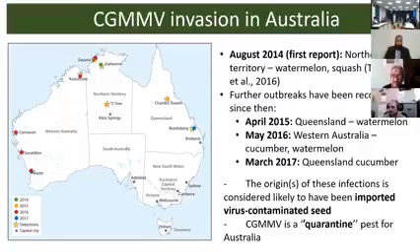And very soon, further outbreaks were recorded: April 2015 in Queensland, May 2016 in Western Australia, and May 2017 in Queensland, in cucumber. And what is very important is that the origin of these infections is considered likely to have been imported, and they have been imported by seed.